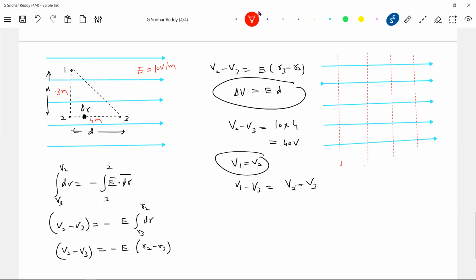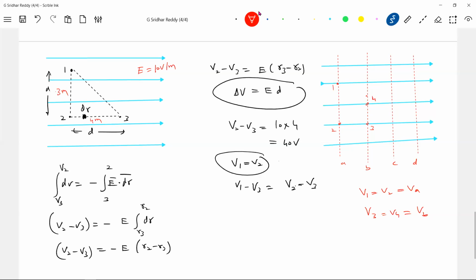So if this is point 1, A, B, C, D, all these points are at the same potential. Means 1 and 2 will be at the same potential. V1 equals V2 equals VA. So let me take point 4. The potential at 3 equals 4 equals VB.